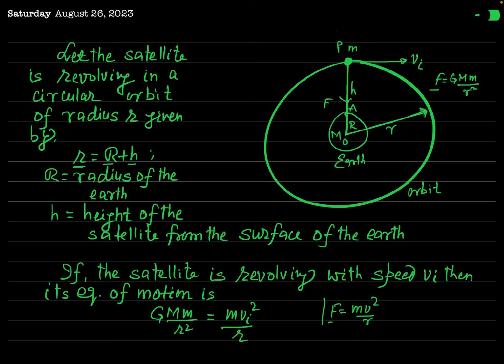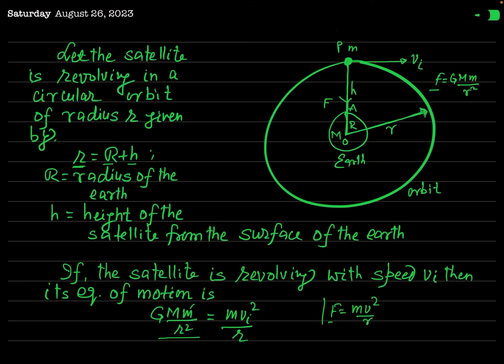But F, you have seen, is GMm by r square, and v I have assumed here as vi. This is called velocity of insertion, as you have learnt in the previous lecture. So vi is the velocity of insertion with which this satellite has been projected in its orbit.